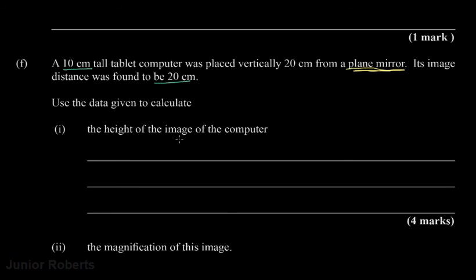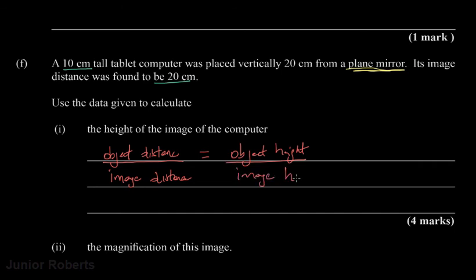So to calculate the height of the image of the computer, we're going to consider the ratio in which we say object distance over image distance is equal to object height over image height.